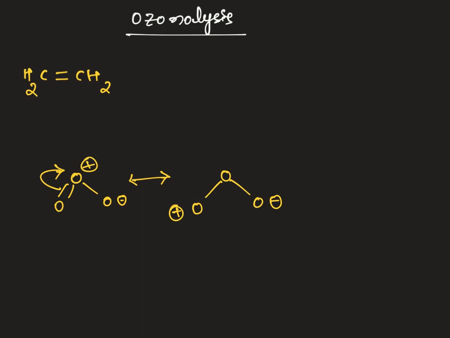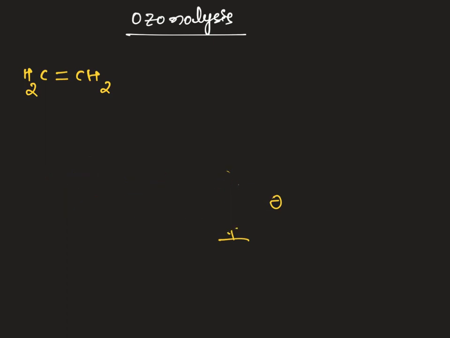Here I am taking the alkene and one of the resonating structures of ozone. I am reacting this alkene with the O minus, one of the resonating structures of ozone.